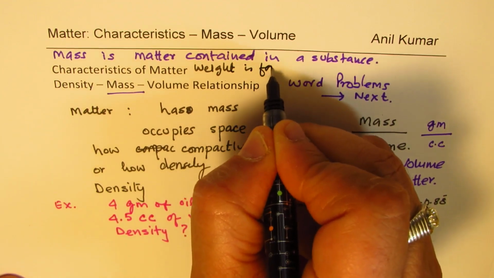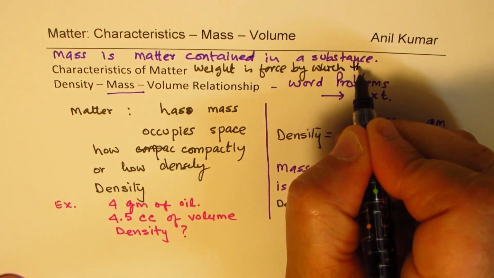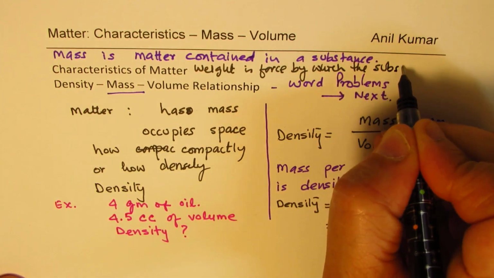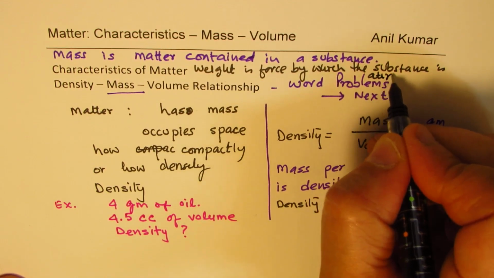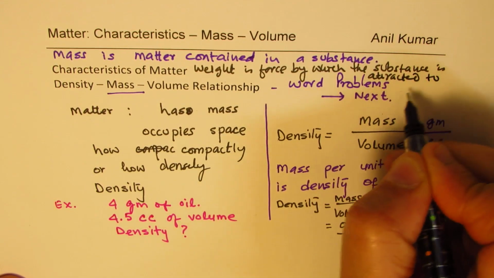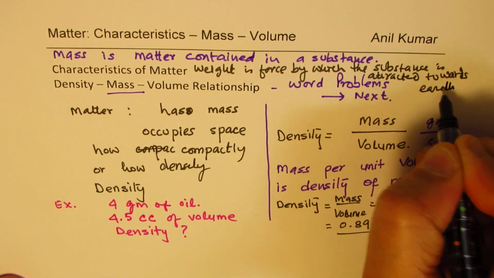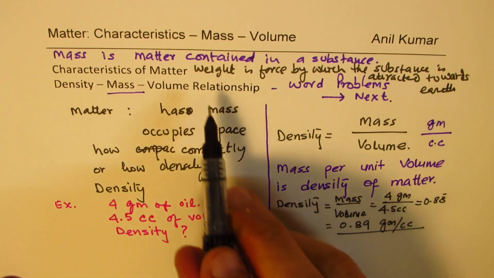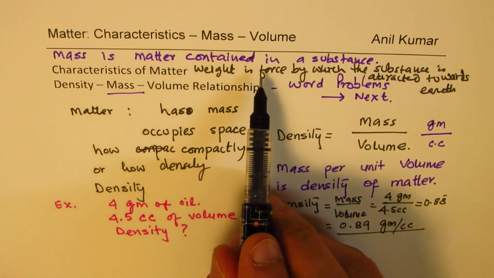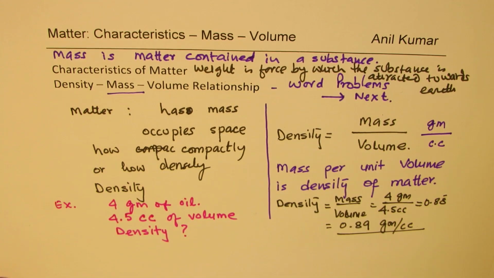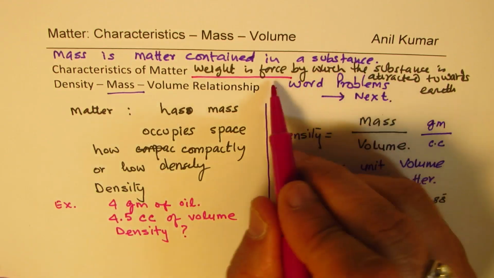Weight is the force by which the substance is attracted towards earth for us here, right? So weight is a force, and mass is matter contained in a substance, and that is how they're different.